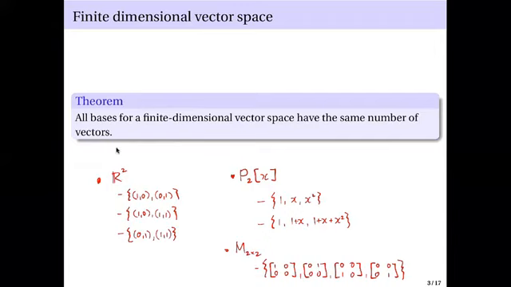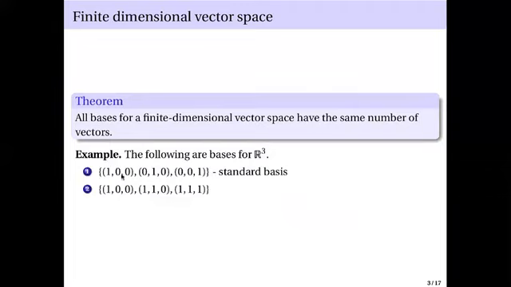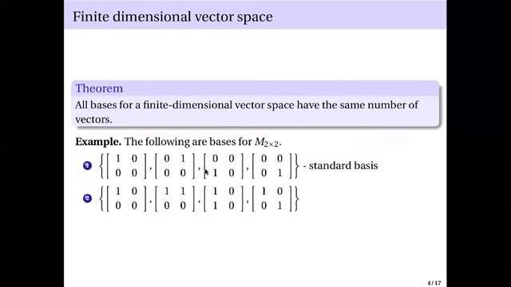Anyway, the point of this theorem is that if we found two bases for a vector space, then those two bases have the same number of elements. Here are those examples. For R3, you have the standard basis, and this one here is another basis for R3. For M22, this is the one that I discussed in the previous slide. We have the standard basis, and then this one here is another basis.